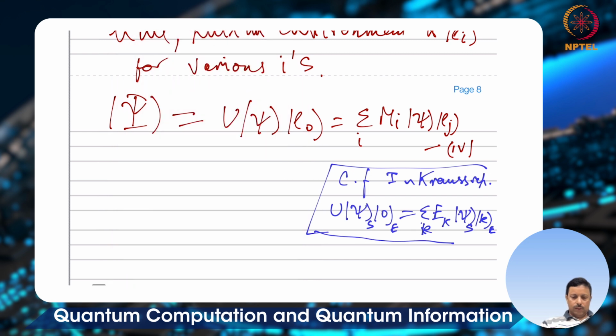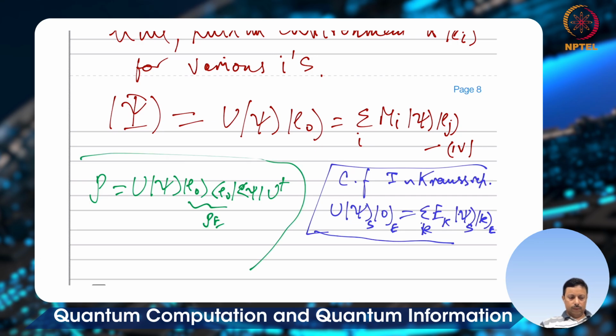Recall that our rho was U psi E naught times psi U dagger, and this is the rho_E type thing. This is the ket-bra of the capital psi in the system.